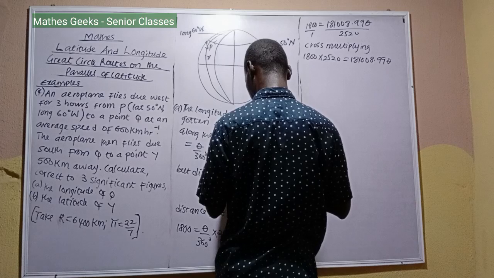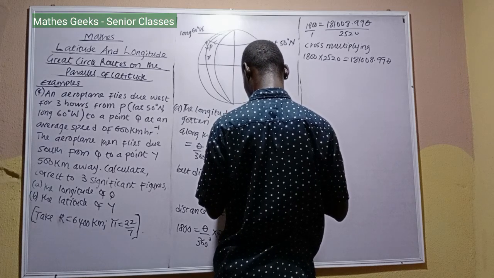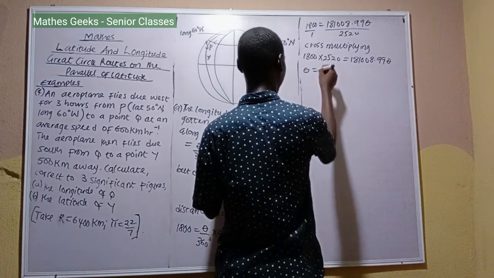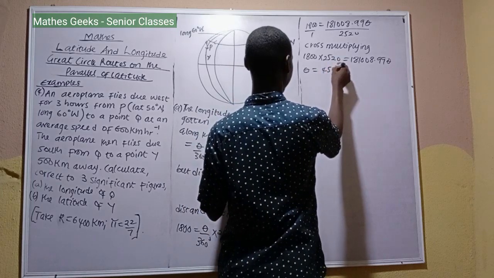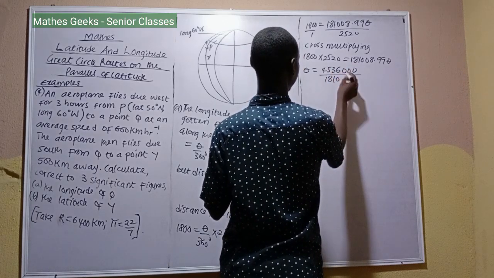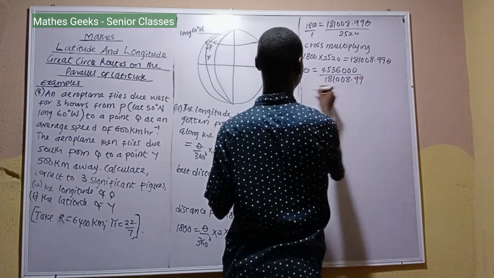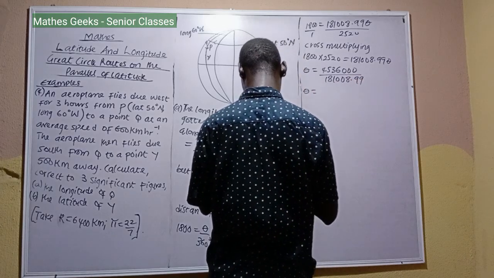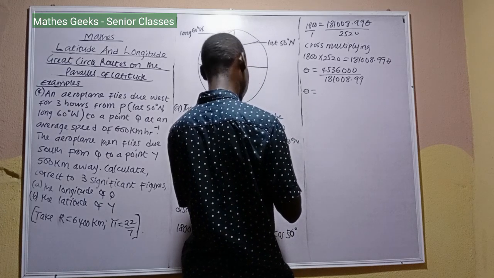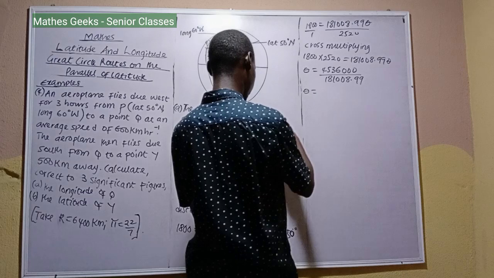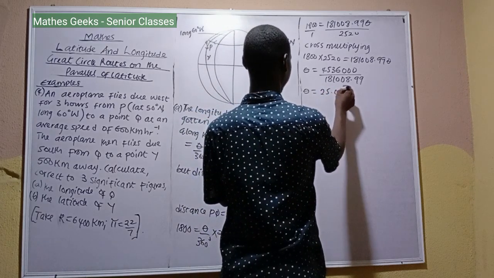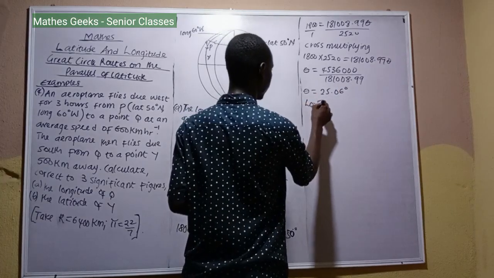So theta is equal to 4,536,000 divided by 181,008.99, which is 25.06 degrees.